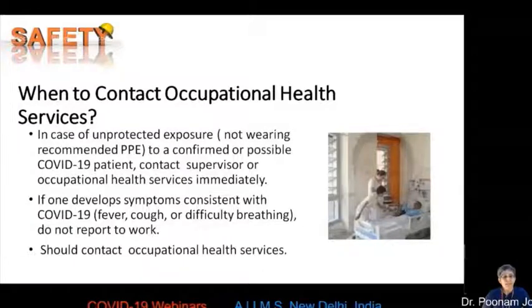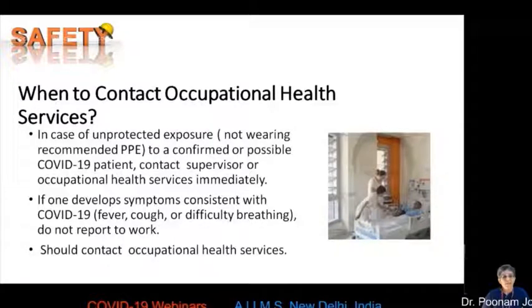We have to contact the occupational health services in case of unprotected exposure, that is, not wearing or inappropriately using the recommended PPE, to a confirmed or a possible COVID-19 patient. Contact the supervisor or occupational health services immediately.